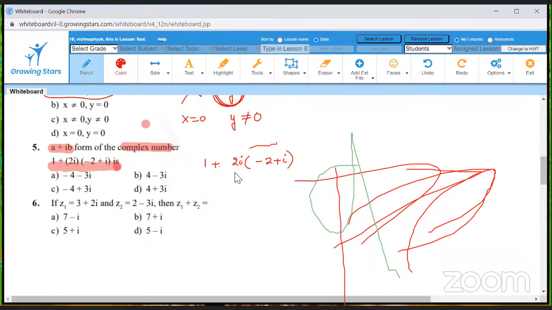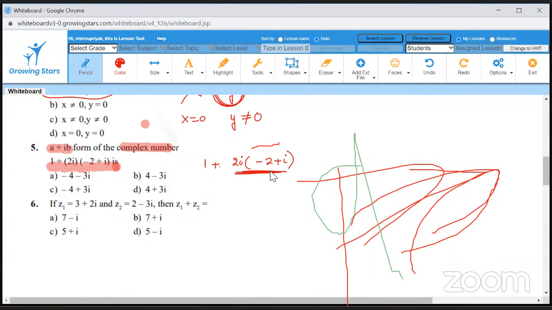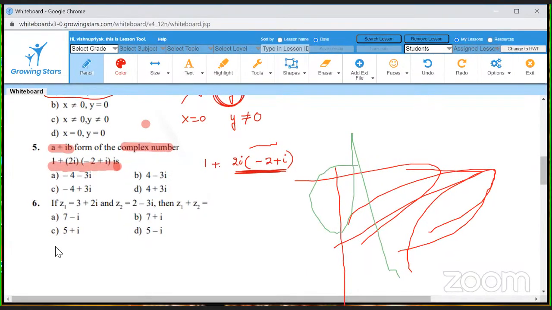Multiply this part. Simplify. Get it in a plus ib form. Someone gave the answer. Option B. Many are saying option B.